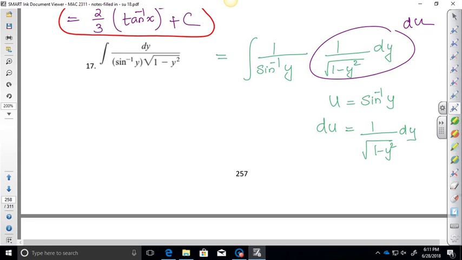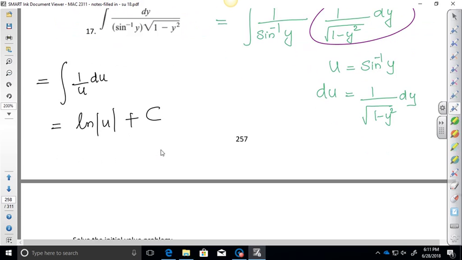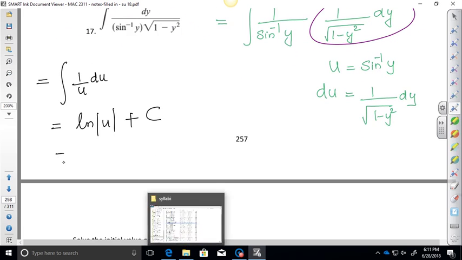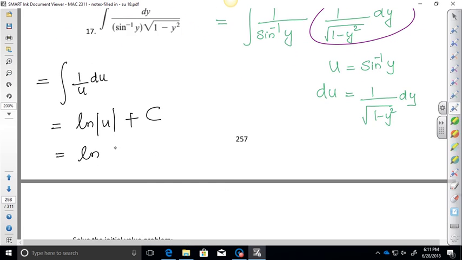So what's my function? Integral 1 over u du. What's the integral of 1 over u? ln absolute value of u, plus c. Now we change u back, but I don't mind if you didn't do that on the test.